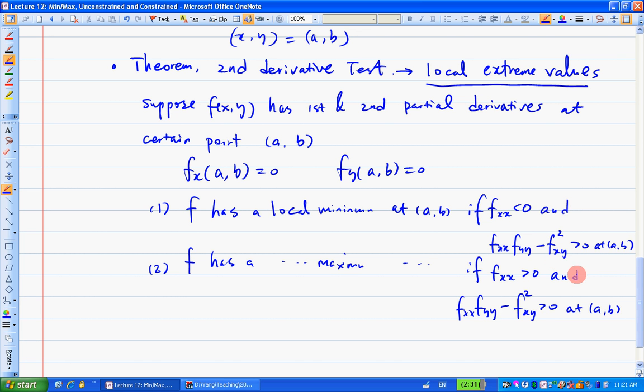So the second bullet, the only difference from the first bullet is this term. This is less than 0, and the other condition is the same thing, greater than 0 here.